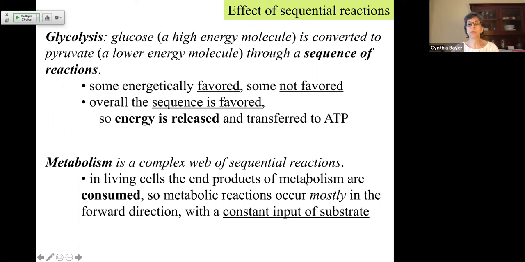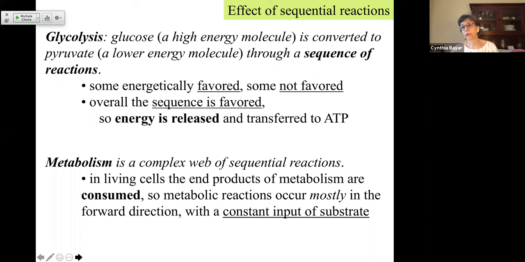And as long as there's a constant input of new substrate, all of these reactions will be moving forward. So the only reason that these reactions can work in a living cell is because a living cell is an open system. A constant input of substrate, a constant output of products allows these sequential reactions to keep moving forward.